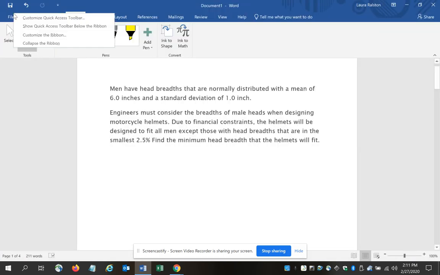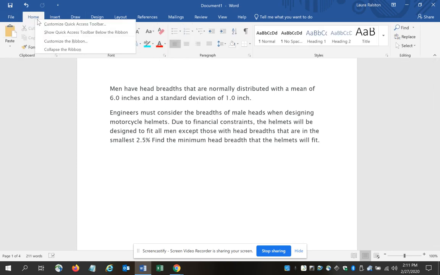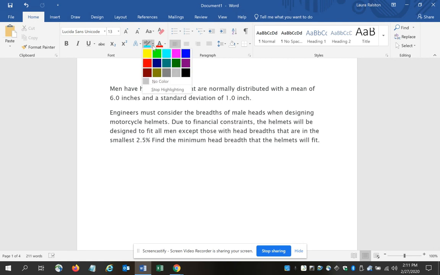Okay, so again, in this problem, I know that the distribution is normal. It says normally distributed.